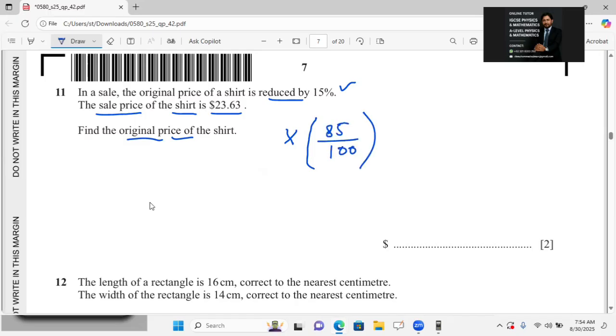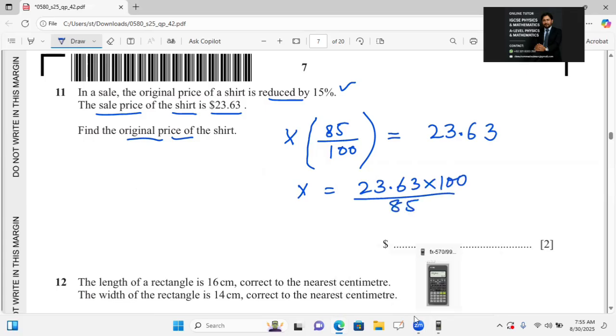Then I will say it is equal to 85% value remaining. So I am equating it to 23.63. Then X is equal to 23.63 multiplied by 100 divided by 85. Let's go for it.